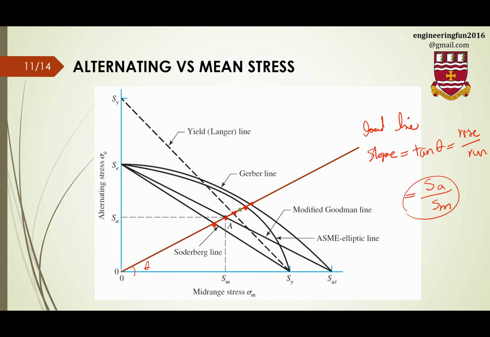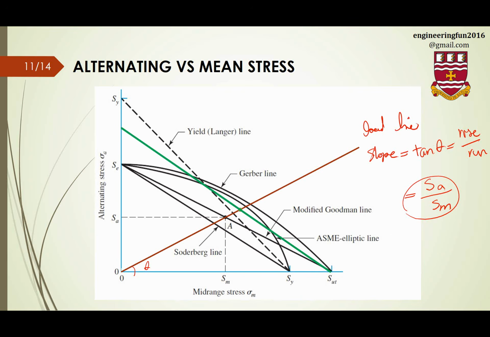If my point was this green point here, there is no intersect between this point and any of these criteria.